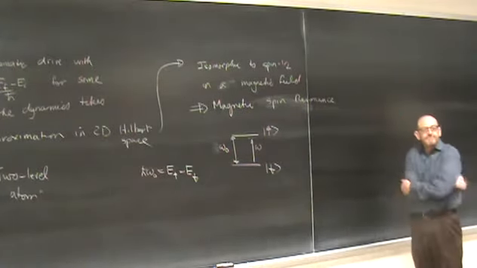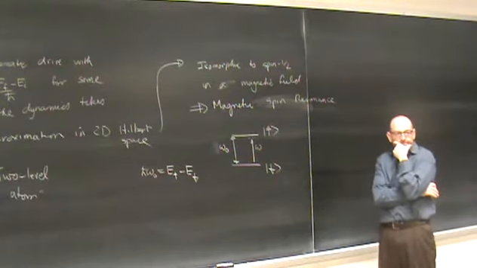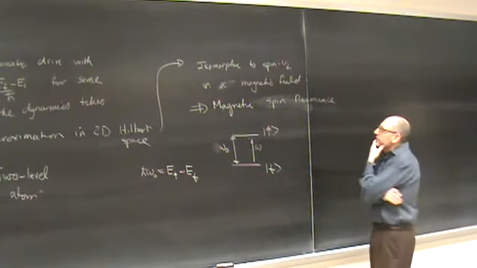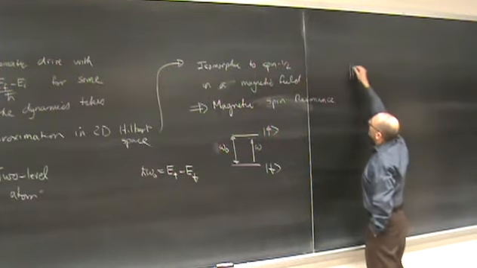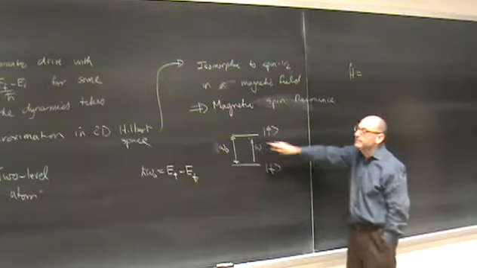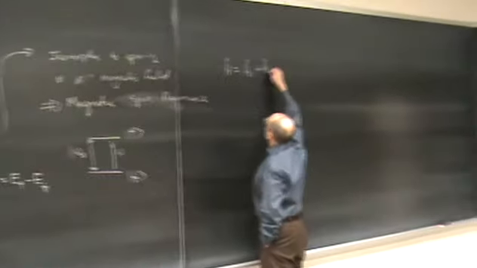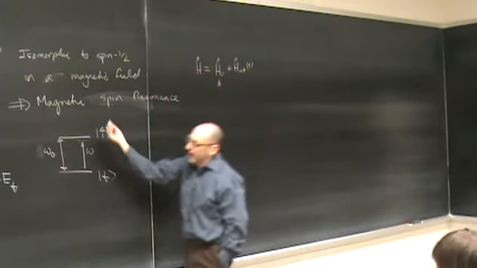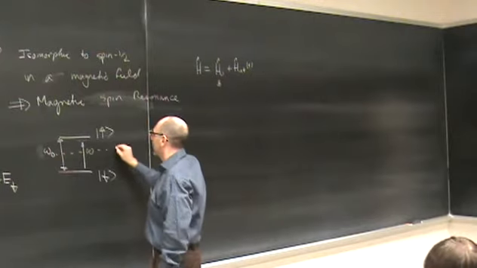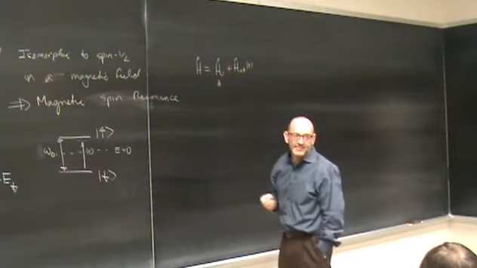All right? And so we can write down immediately the Hamiltonian for such a system. So let's imagine the following situation, my spin resonance situation. My Hamiltonian, well, I have my H0, which is what? Well, I can call the zero of energy anywhere I like. Let me call the energy zero halfway in between these, just for convenience.